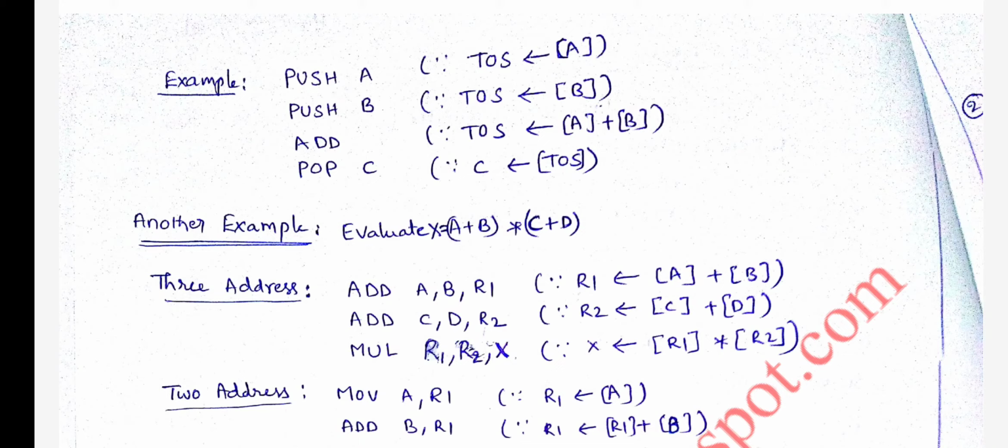One is push and the second one is pop. Push is an operation used to insert an element into the stack, and pop is an operation used to delete an element from the stack. So these two operations are used to perform the operations in zero address instruction.